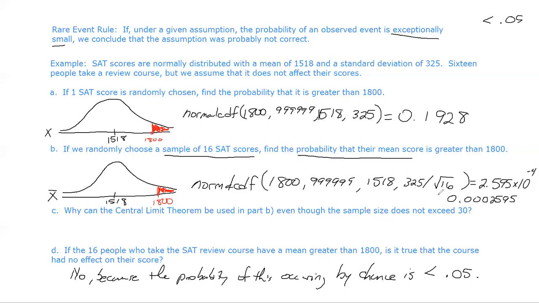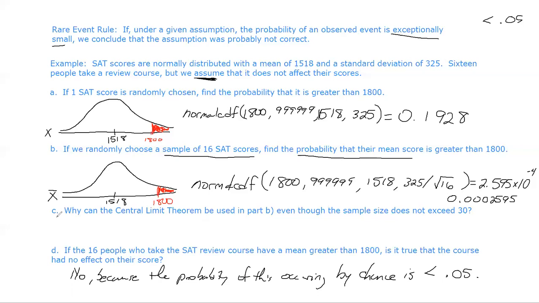That's all we were looking for. This number is less than 0.05, so this was unlikely to have occurred by chance, which means that the assumption that we made was probably not correct, so it probably did affect their score.